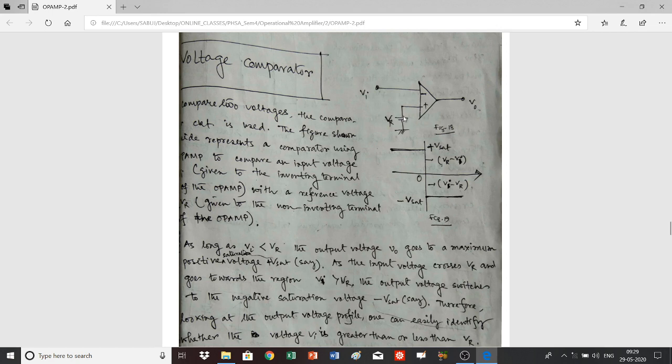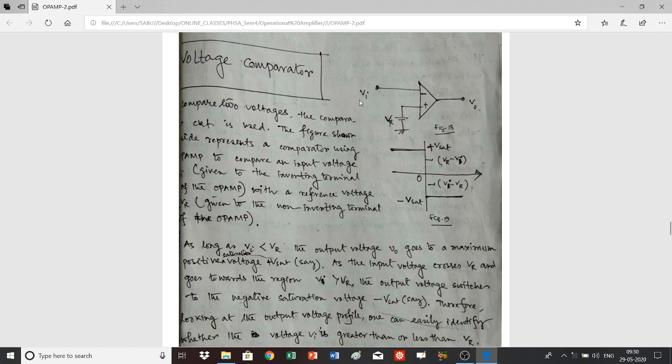the input in the non-inverting terminal will dominate. So the output will be positive, and since the open loop gain of an op-amp is infinity, for the case when Vi is smaller than Vr, the output will saturate to the positive saturation voltage, that is V saturation.